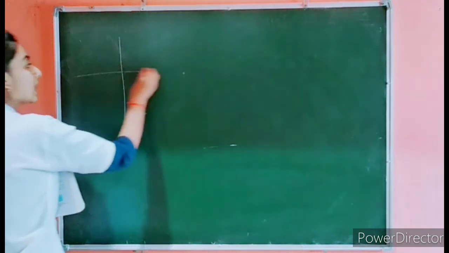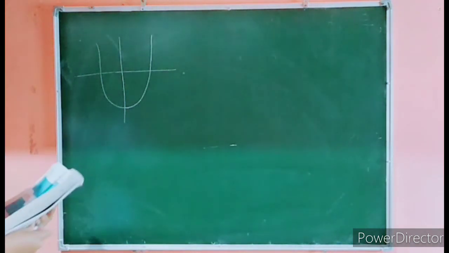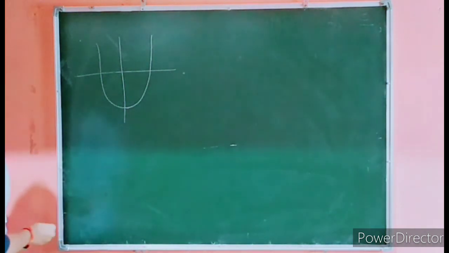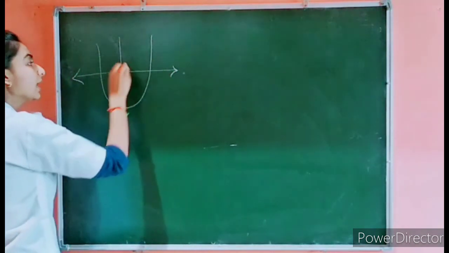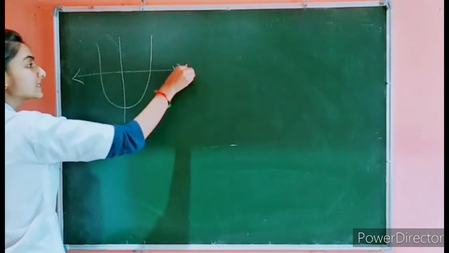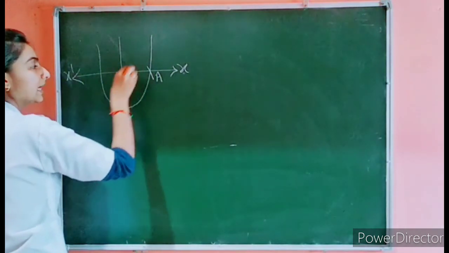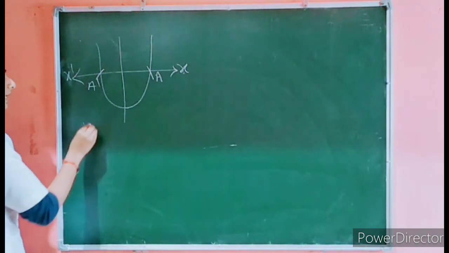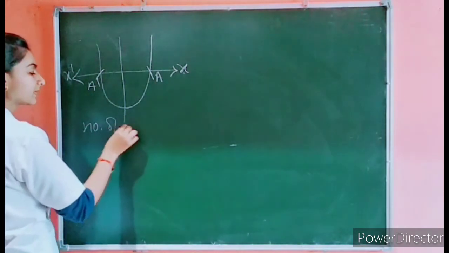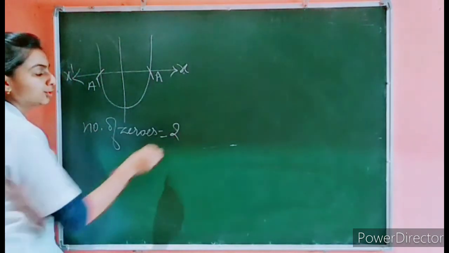Here is one graph like this. The points which are intersecting the x axis will be point A and A dash. So the number of zeros in this will be 2.